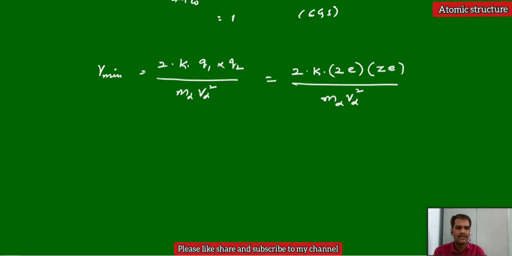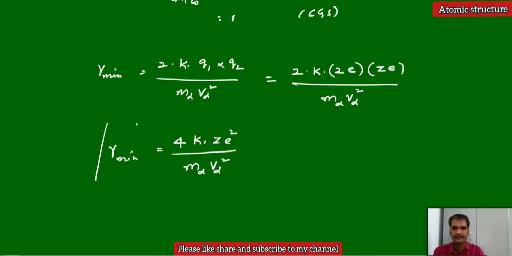So we are taking the charges in terms of the overall charge with respect to this E value. R minimum will become like this: 2 into 2, 4 K Z E square by m alpha v alpha square.